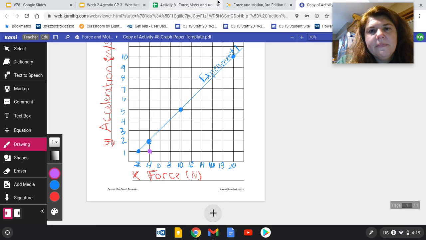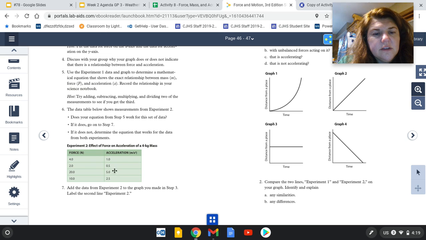There's my first point. And then I would graph these other 3 and draw a line connecting your purple dots. We'll just do one more. You have to do all 4 points, but how about for the last one, force is 10 and acceleration is 2.5.